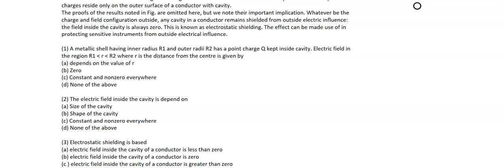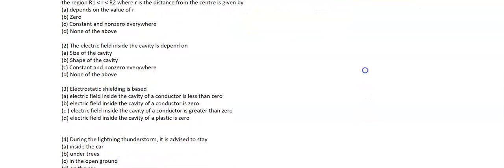The field inside the cavity is always 0. This is known as electrostatic shielding. Obviously, B is the correct option. So electrostatic shielding is based on the electric field inside the cavity of a conductor being 0. So option B is correct.